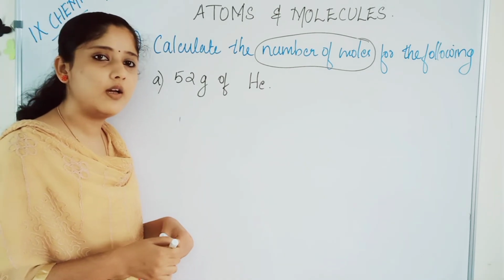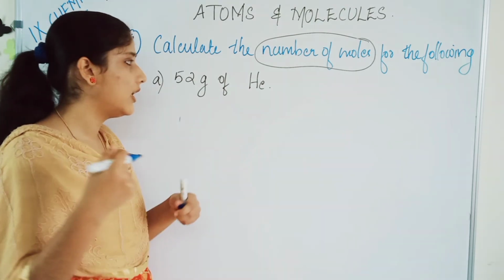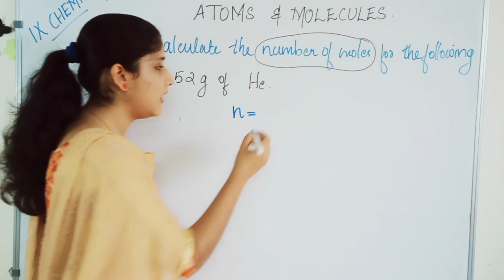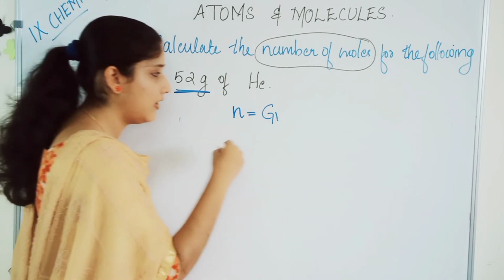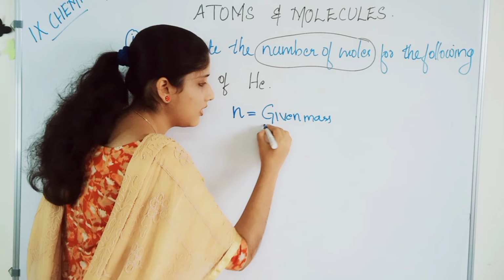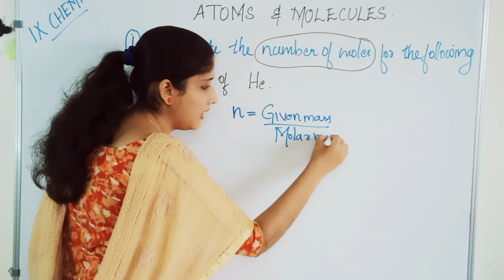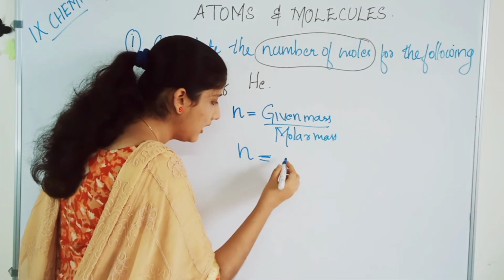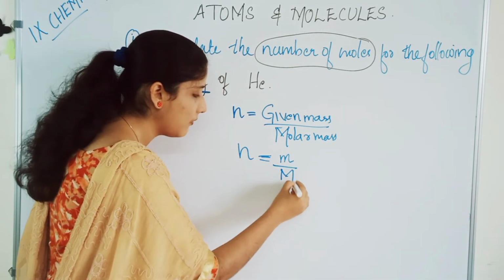To calculate the number of moles in 52 gram of helium, how will we calculate? Number of moles n is equal to, what is the equation? Given mass by molar mass. Since here mass is given, we will use the given mass by molar mass equation. That means n is equal to given mass small letter m divided by molar mass capital letter M. What is given mass?